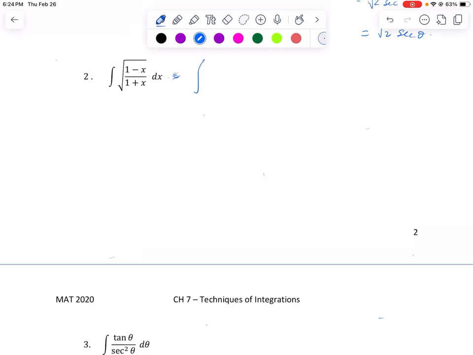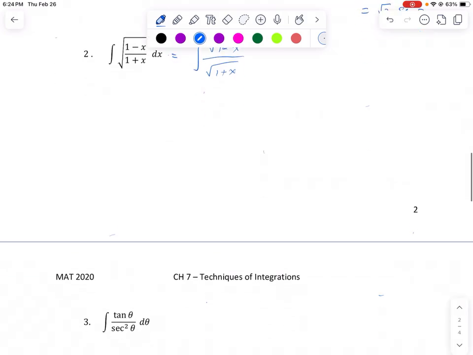First thing I do is I will set this integrand, using the properties of exponents, as square root of 1 minus x over square root of 1 plus x. So this split we can do.